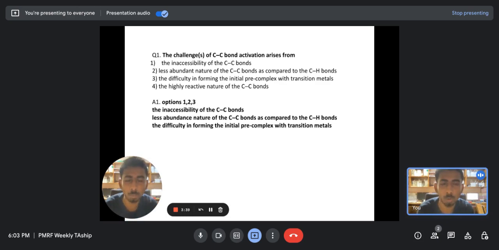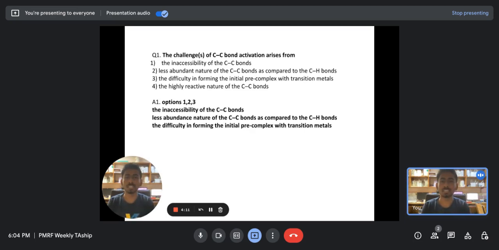To activate a CH bond, it is sterically less hindered, but CC bonds are sterically more hindered, because other groups are also attached to carbon, like alkyl groups, phenyl groups, or other groups, because carbons are tetrahedral or planar or linear in nature. Because of the presence of other groups, the sp3 carbons are bound to three different groups or the same groups. That's why they are less accessible than the CH bonds.